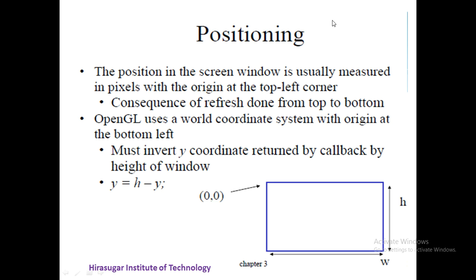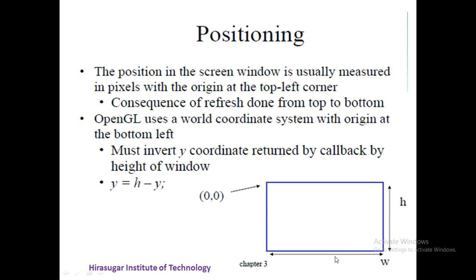If you press the button here, then with respect to the operating system this is the origin, and that's why it gives this value. But in the program you want that value somewhere here, because OpenGL takes the origin as here. You will face this problem.